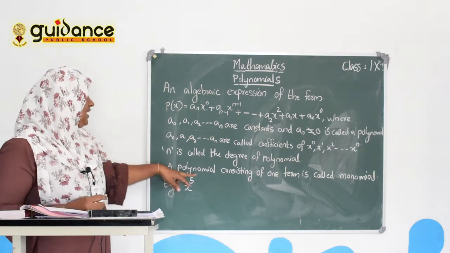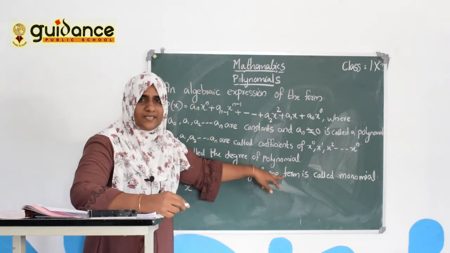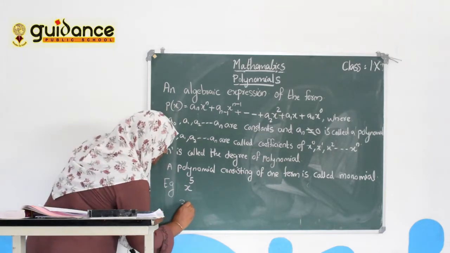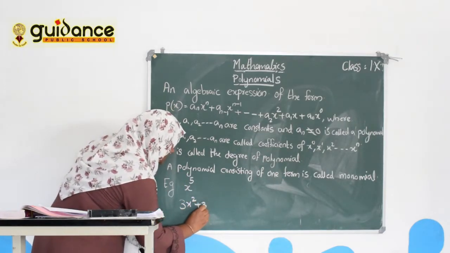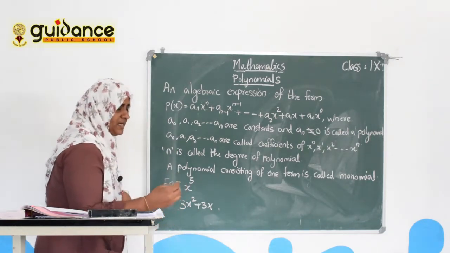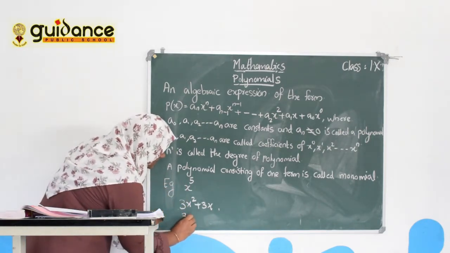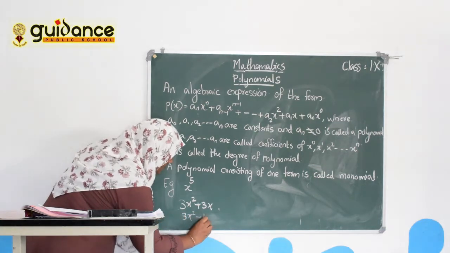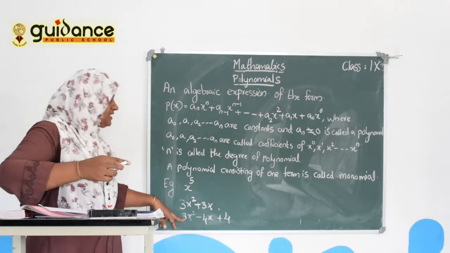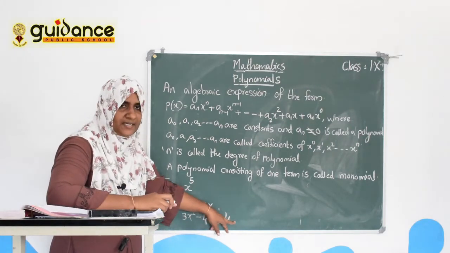A polynomial consisting of two terms is called a binomial. Example, 3x square plus 3x. Then a polynomial consisting of three terms, 3x square minus 4x plus 4, is called a trinomial.